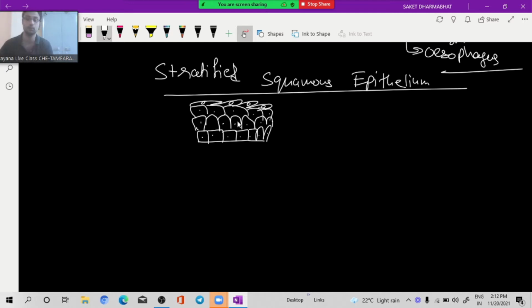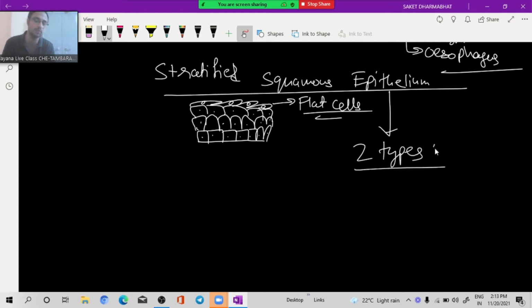Clear up to here. So the uppermost layer is made up of which cell? Flat cells. So this is called stratified squamous epithelium. Now, stratified squamous epithelium is of how many types? Two types.